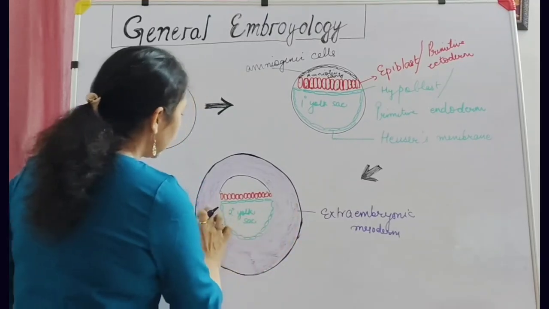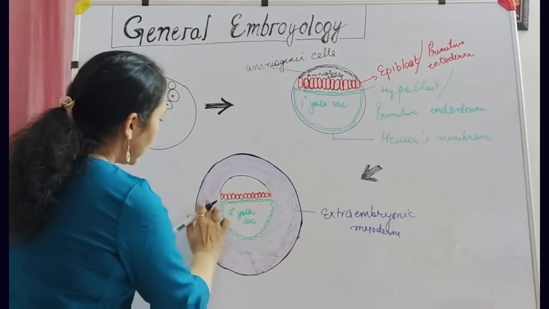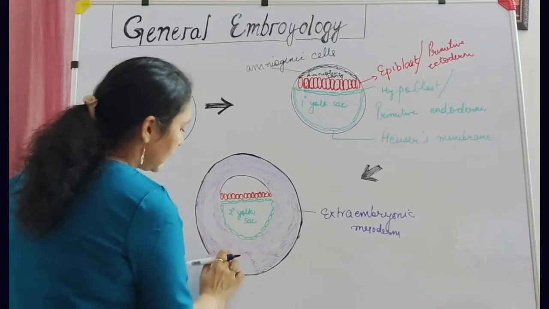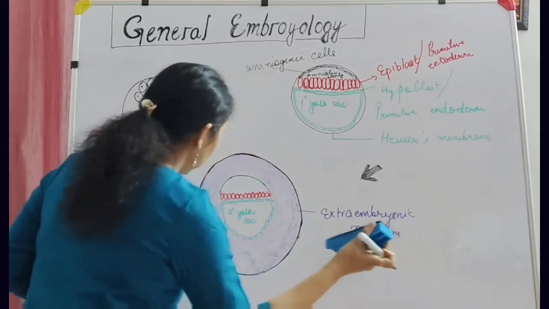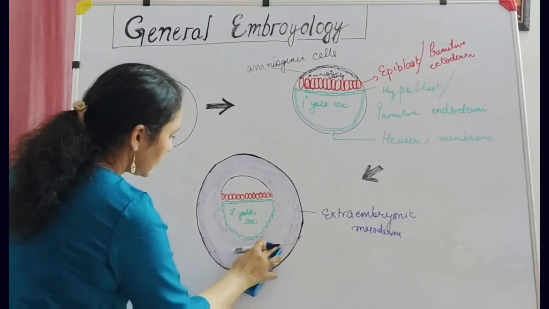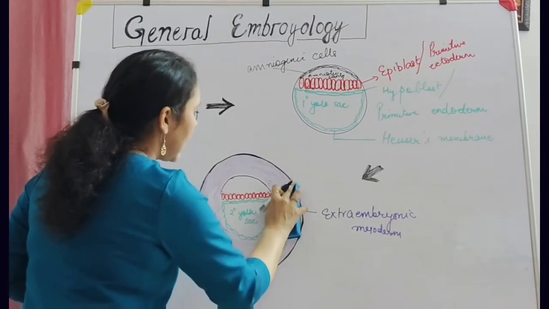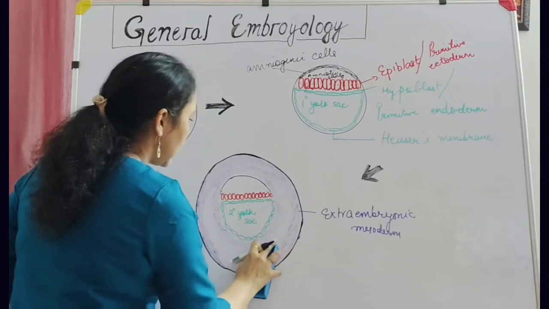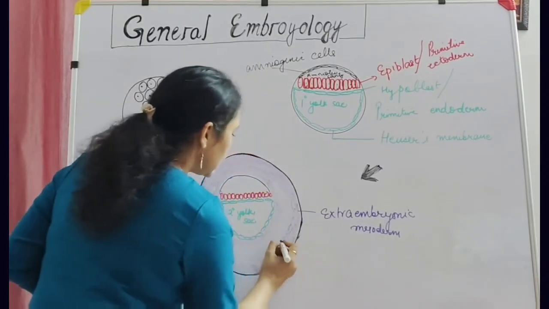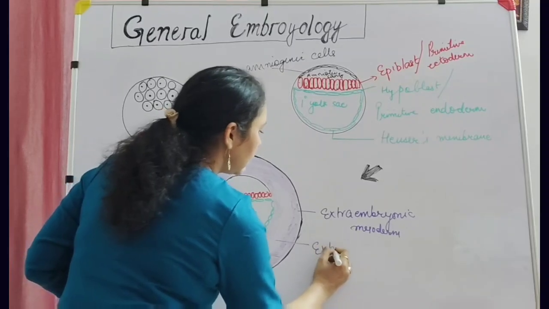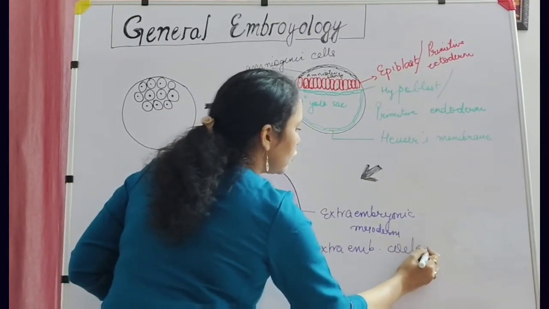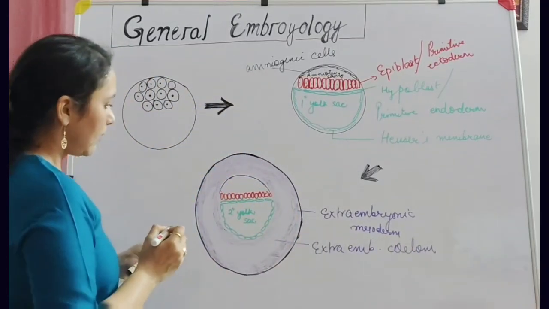Then these small cavities, they will coalesce, they will join and form a bigger cavity. So now this is the bigger cavity, and now this bigger cavity is known as extraembryonic coelom. Coelom means cavity. Right?